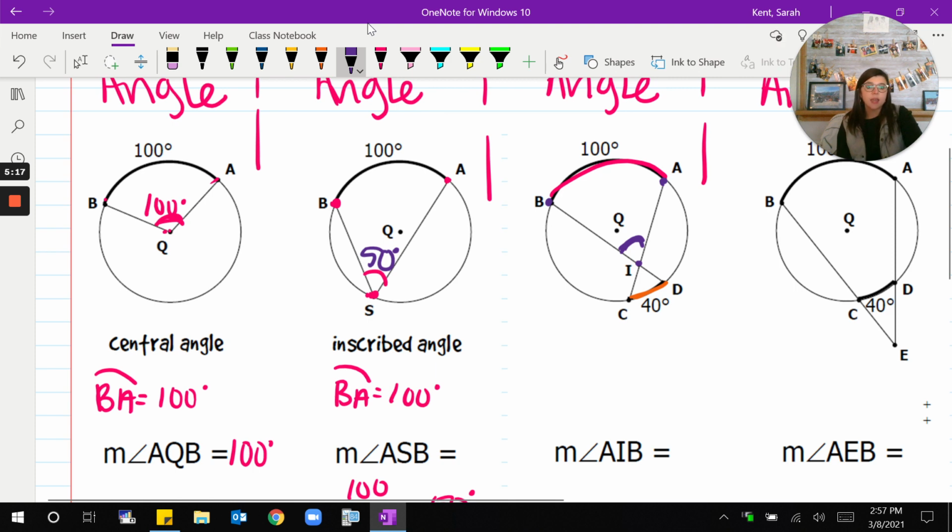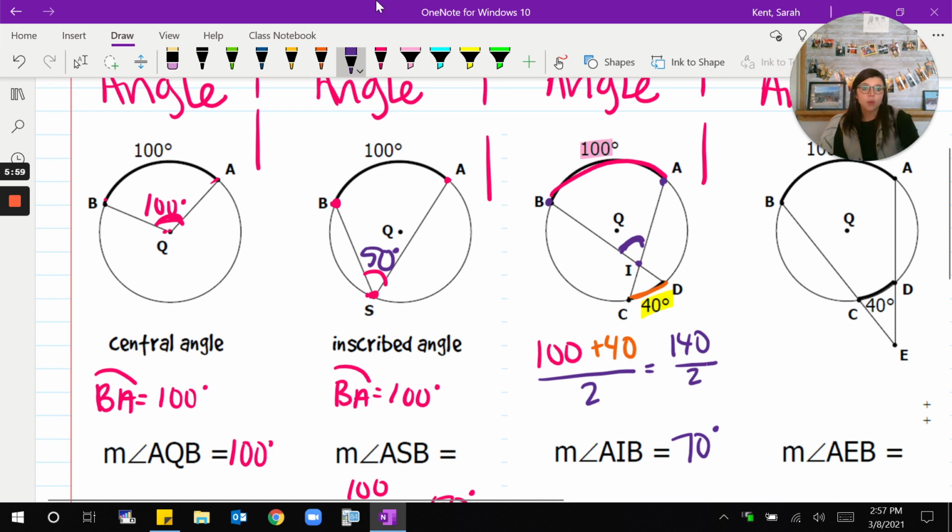Since these angles are inside the circle, we're putting things in, so we're going to add. I want to take my 100 and my 40 and add them together. So I'm going to do 100 plus the 40 and then divide by 2. So 100 plus 40 gets me 140. If I divide 140 by 2, I'll end up with 70 degrees.